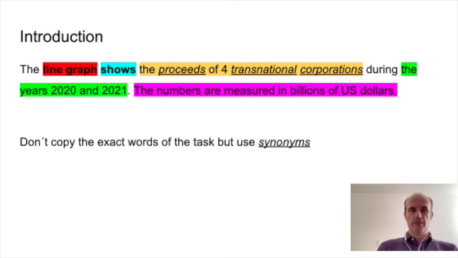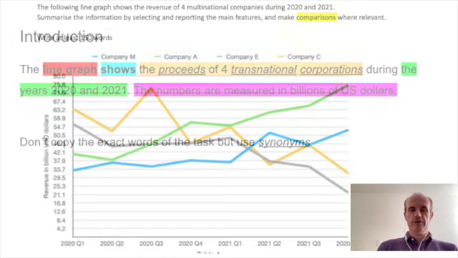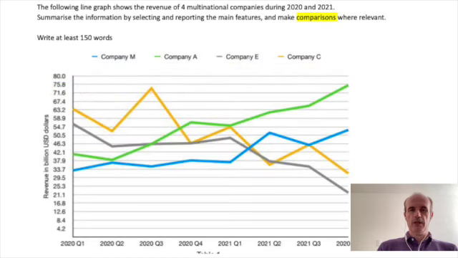Now let's go back to the graph again. As you remember, there were 2 lines going up and 2 lines going down. Of course, there are some fluctuations here and there, but in my overall statement, that will be the second paragraph of your response, you want to say something nice about the overall trend.